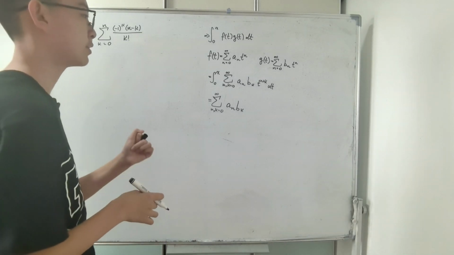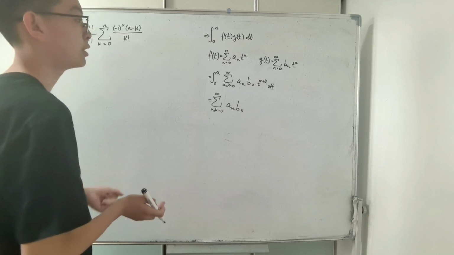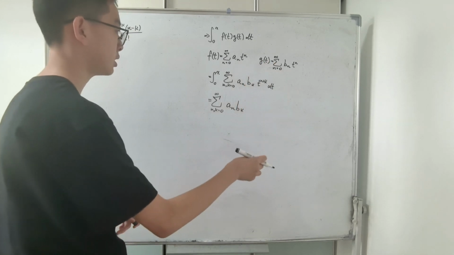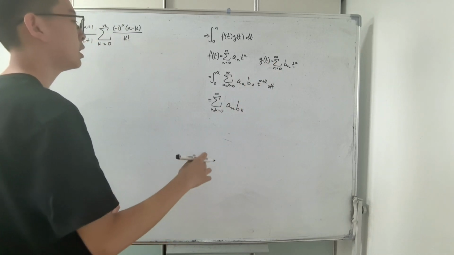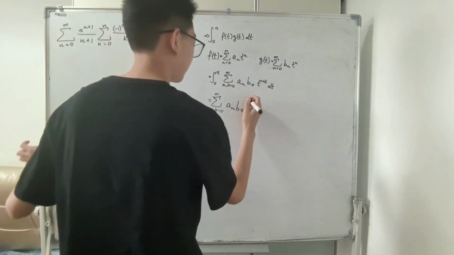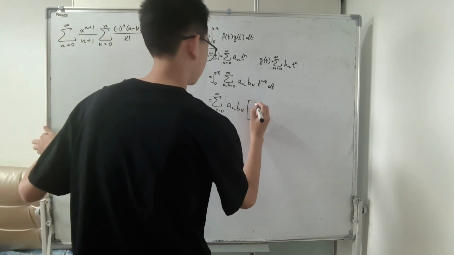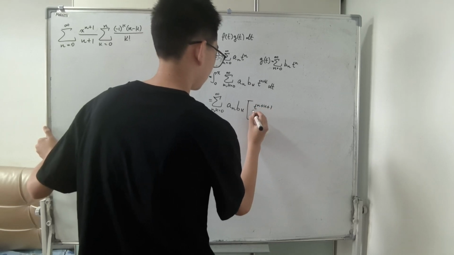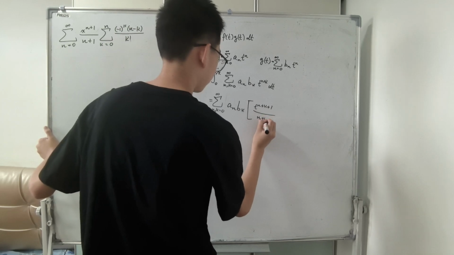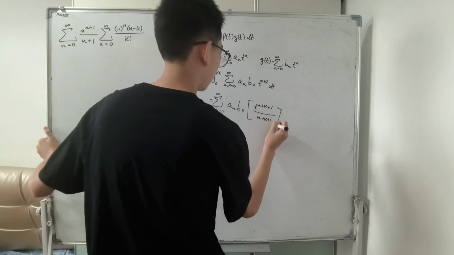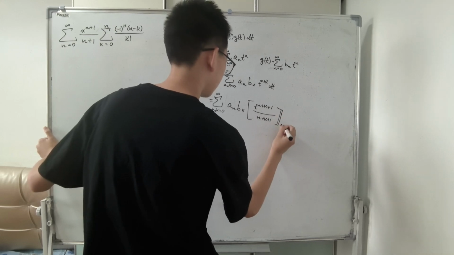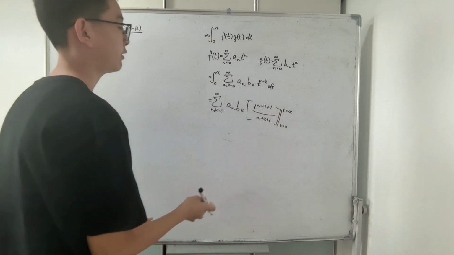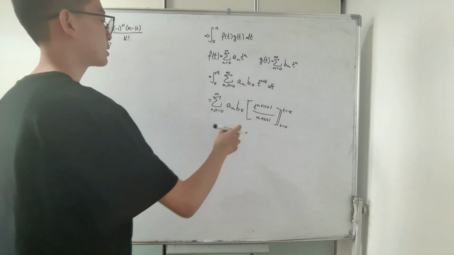The antiderivatives of powers are well known, so we get t to the n plus k plus 1 divided by n plus k plus 1, and then we plug in the bounds, evaluating at t equals 0 and t equals x, plugging in the values and subtracting.